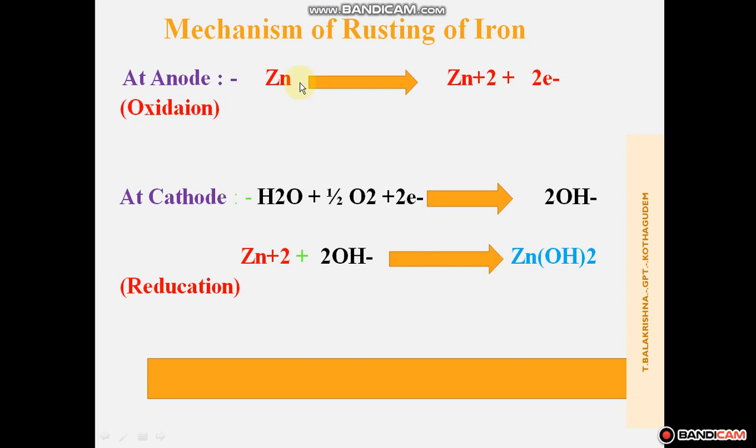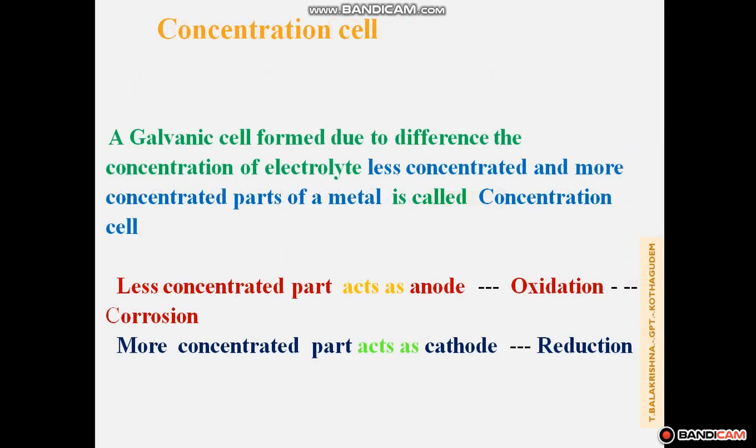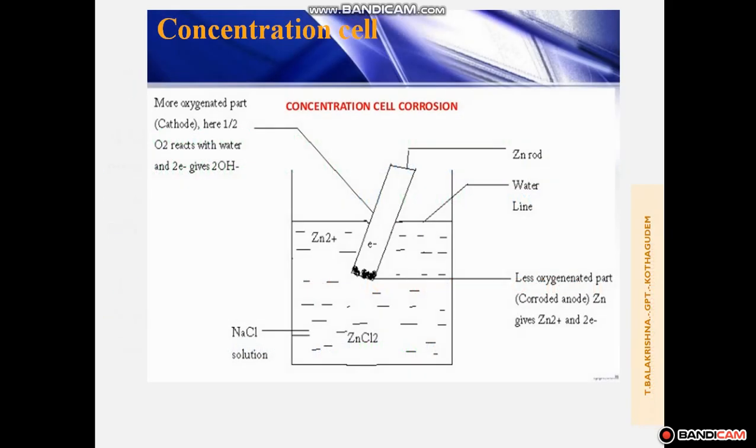That half part of the zinc, which is dipped in the solution, in the diagram, this zinc metal acts as an anode. This part is ready to participate in oxidation reaction, that is, in the corrosion reaction.